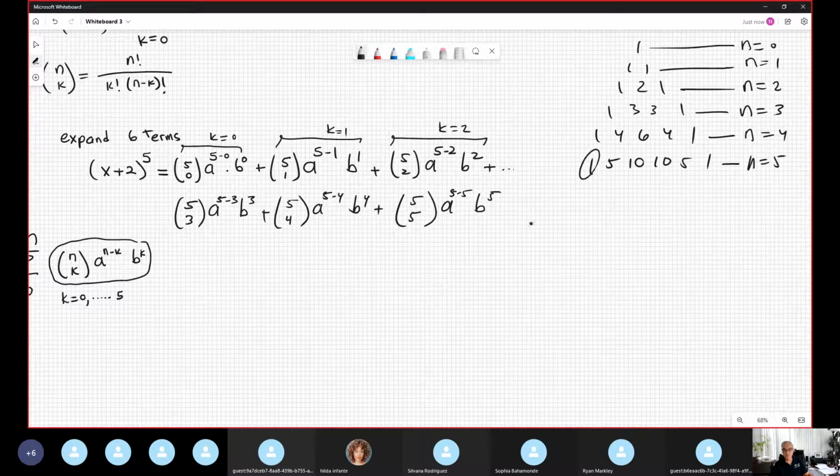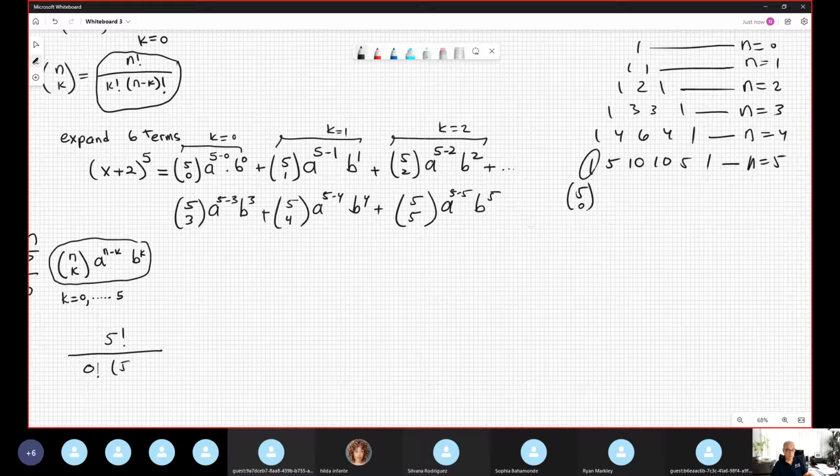So this one, which is 1, is the combinatory number 5, 0. Just in case, let me try to compute with the formula. What formula? That formula. Suppose 5 factorial divided by 0 factorial, because k is 0, times 5 minus 0 factorial. It's important to say that 0 factorial by definition is 1.